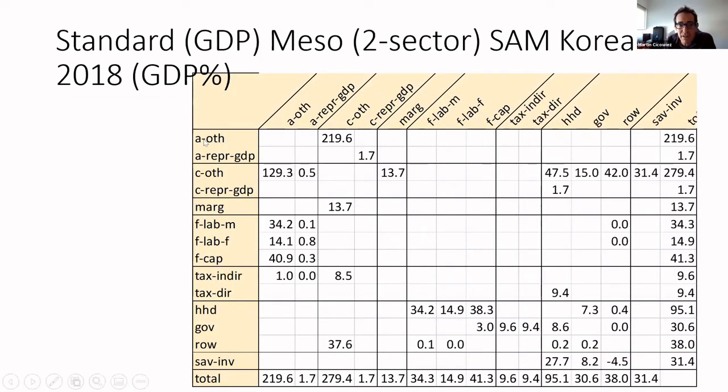First, we have two activities. These are like industries. The activities are the ones producing, using intermediate inputs and factors. We have two commodities. Here we have the reproductive sector that is part of the GDP, or the care sector that is part of the GDP.